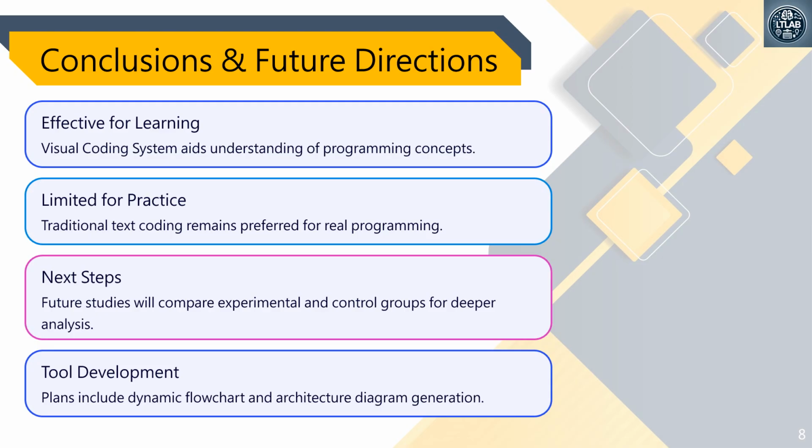And the third is to explore integration with code editors like VS Code, to allow a dual mode, text plus visual learning. I think making these improvements will enhance student performance.